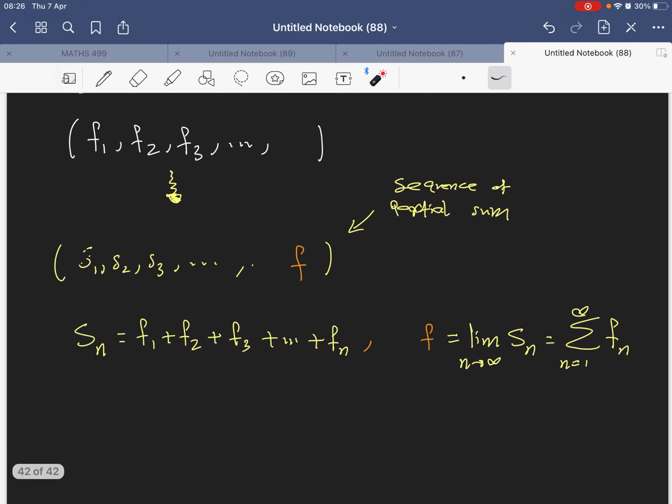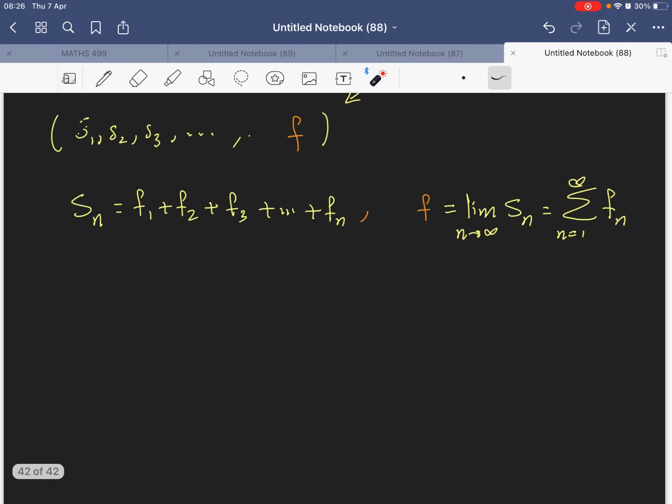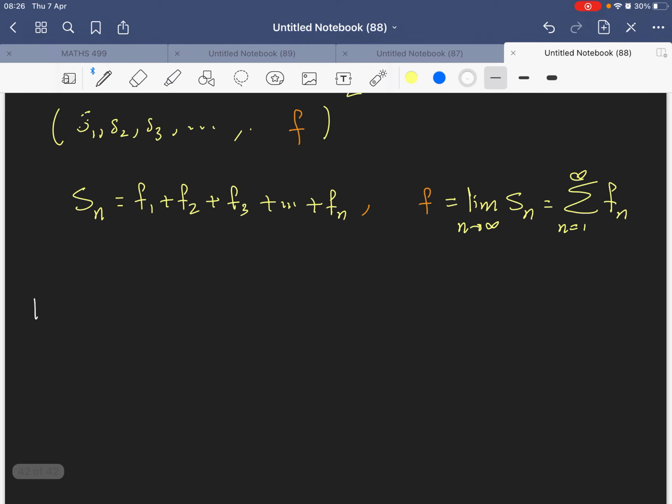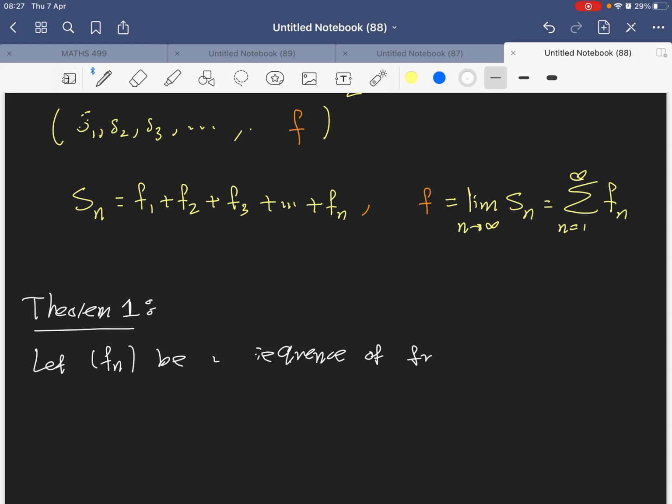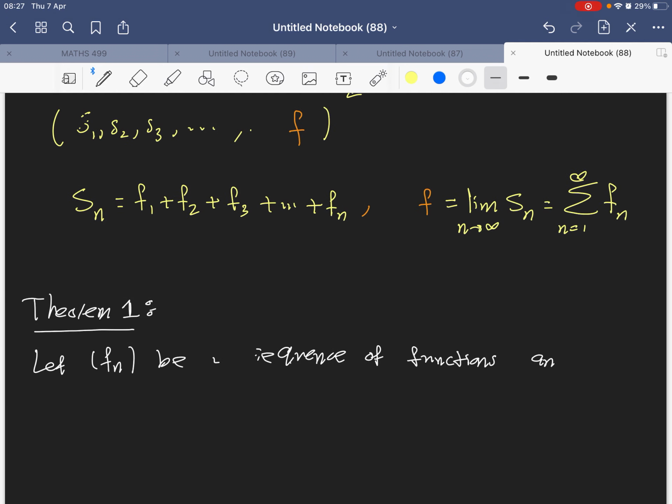So let's do the first theorem, just to give us a heads up here. Theorem 1 in this section. In this theorem, we will start with a sequence of functions, and we will assume that the partial sum converges to f.